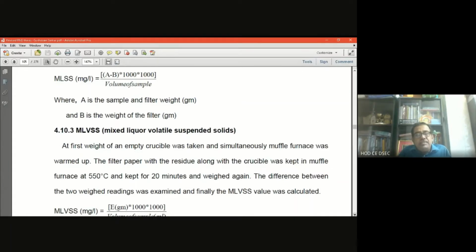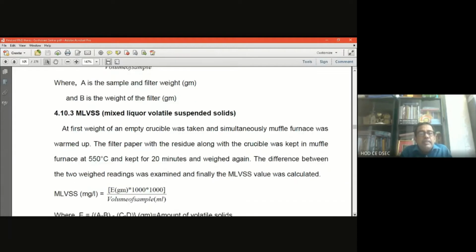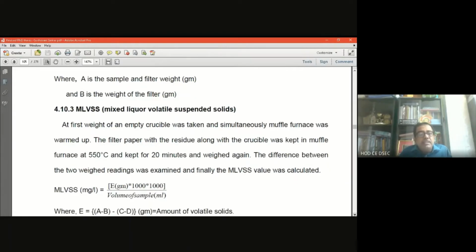Now, MLVSS: what is mixed liquor volatile suspended solids? Here, we have to take the muffle furnace instead of the hot air oven, because as it is volatile, the temperature has to be kept at 550 degrees centigrade in the muffle furnace. First, an empty glass pot, that is the crucible, has to be taken, and simultaneously its weight has to be taken, and simultaneously the muffle furnace is warmed up, because it will take time to go from 0 to 550 degrees centigrade.